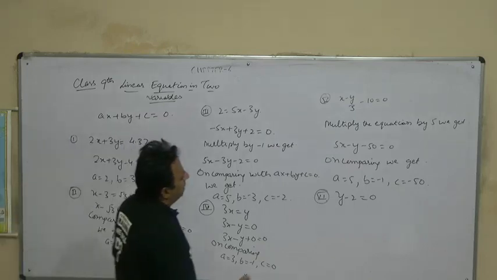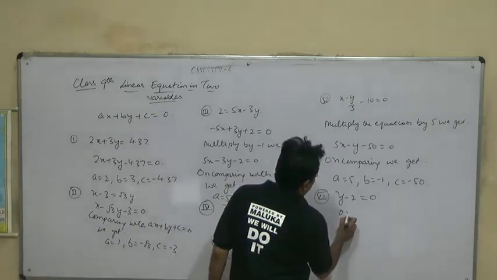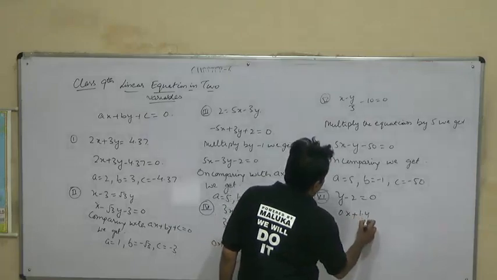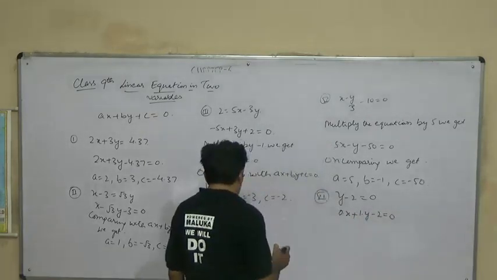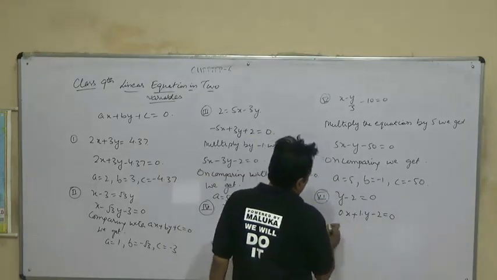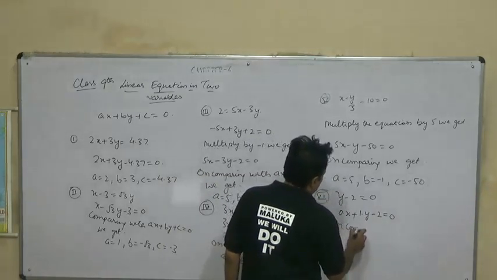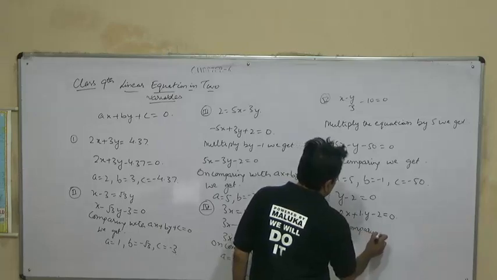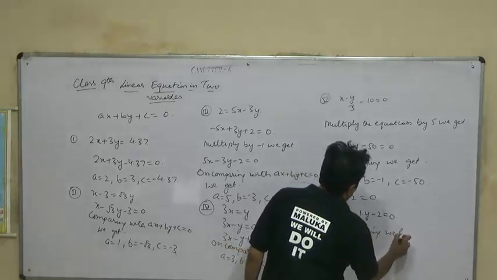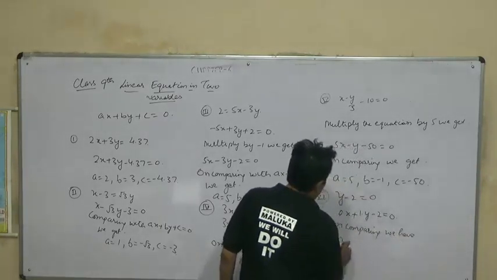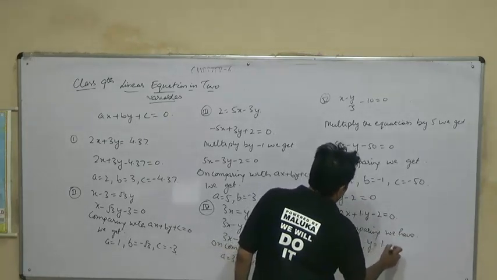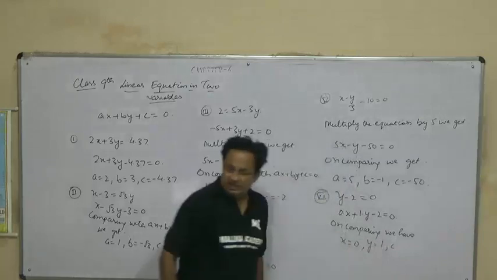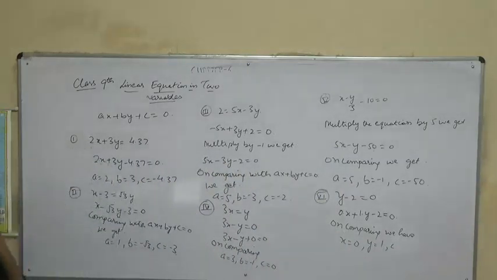We can write 0 into x plus 1 into y minus 2 is equal to 0. So on comparing, the value of a is 0, the value of b is 1, and c is minus 2.